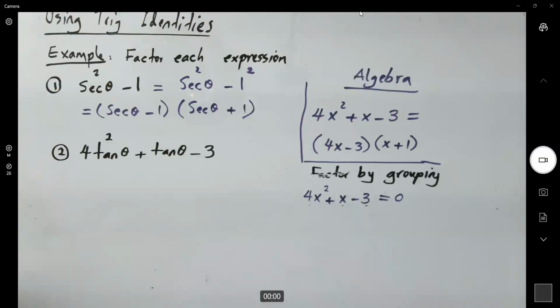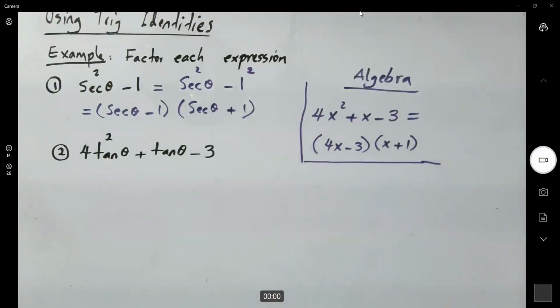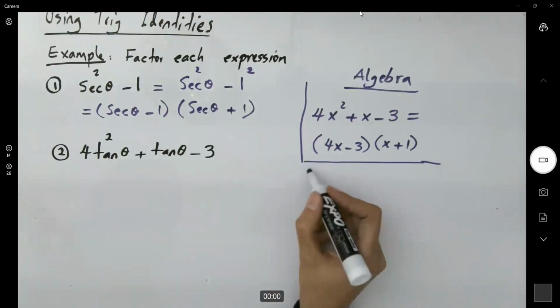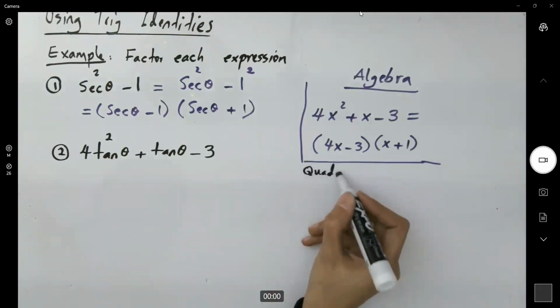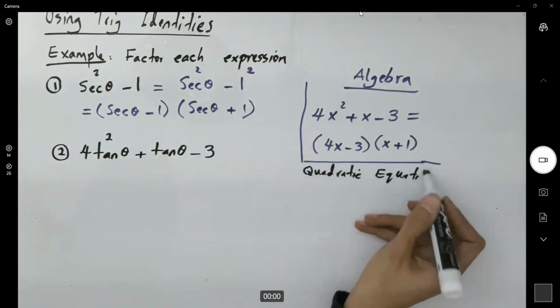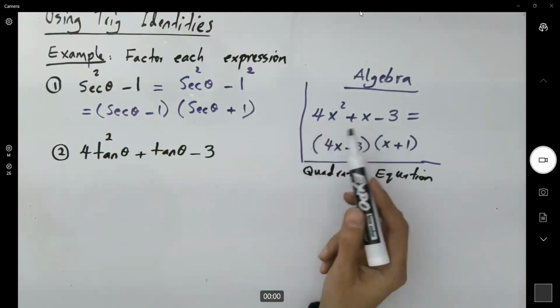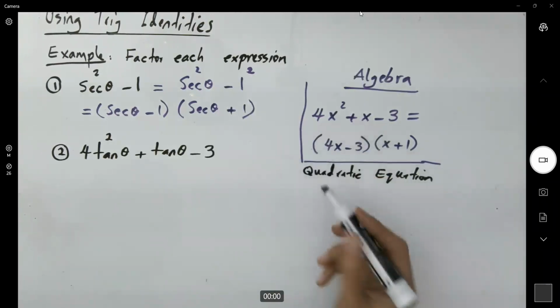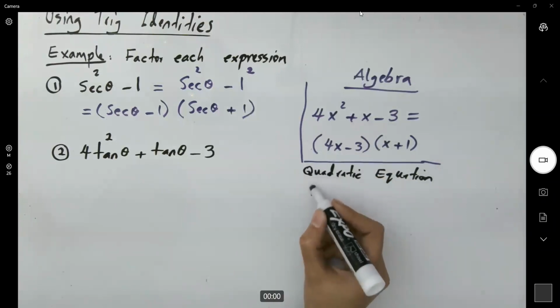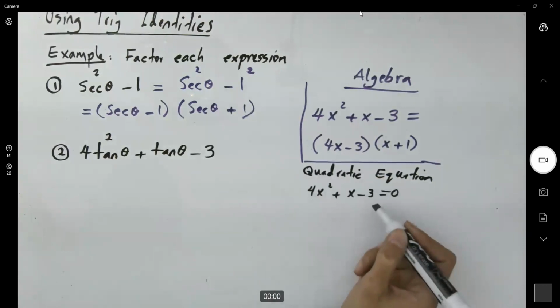Another method is using the quadratic equation. Well, okay, that sounds interesting. How does it work? What they do is create an equation and solve it. They say, suppose we have a quadratic equation and let's solve it.